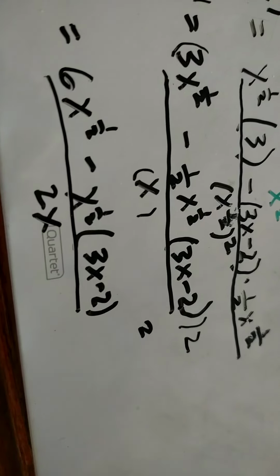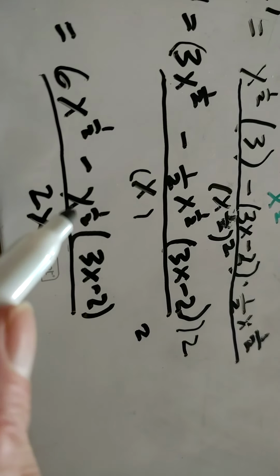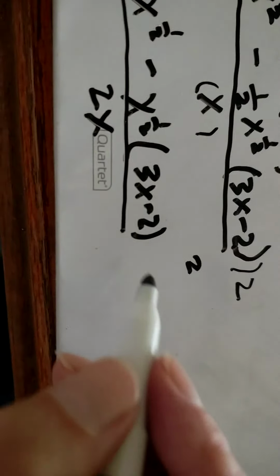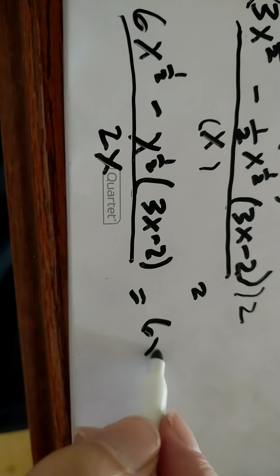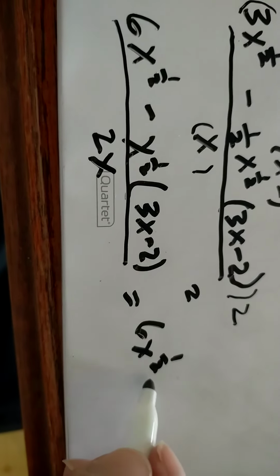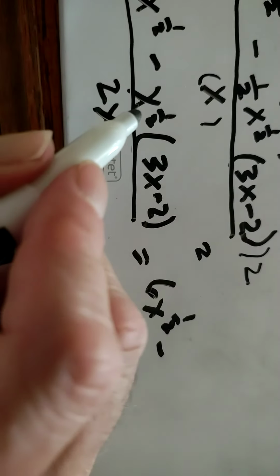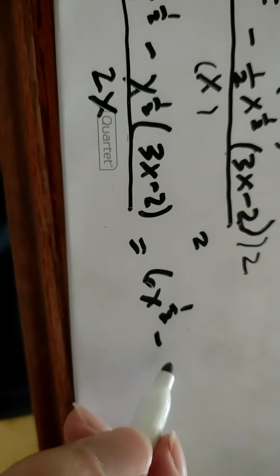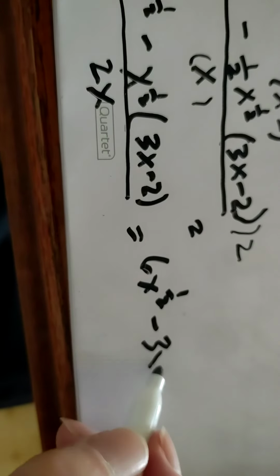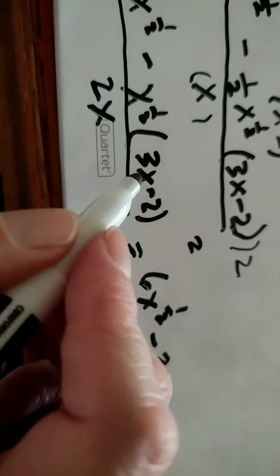And I suppose I should distribute the x to the 1/2. So let me continue. This will be my last step. So this is going to equal 6x to the 1/2 minus, and now distribute x to the 1/2. So x to the 1/2 times 3x is going to be 3x, and you add the exponents.